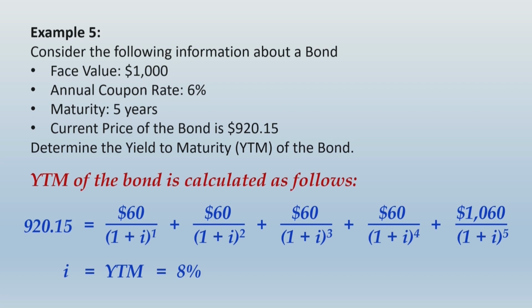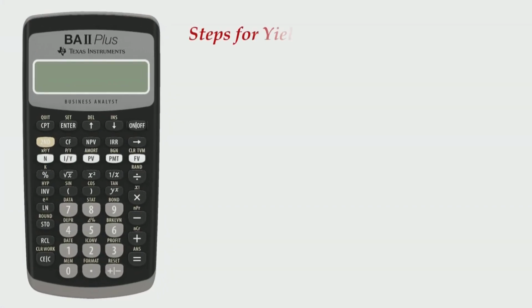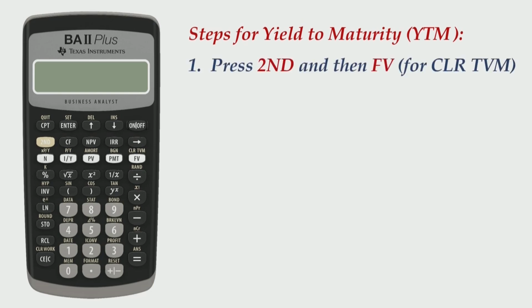Alright friends, once you have computed this whole thing and you have written this, maybe some of you would not know how to compute this 8%. Let me guide you directly through the calculator. So turn on your calculator, and the first thing that you need to do as steps for yield to maturity or YTM, after turning on your calculator, first press second and then FV for clearing TVM calculations of past, then input 5 and then press N. Now we cannot give input of I by Y because we don't know the discounting rate.